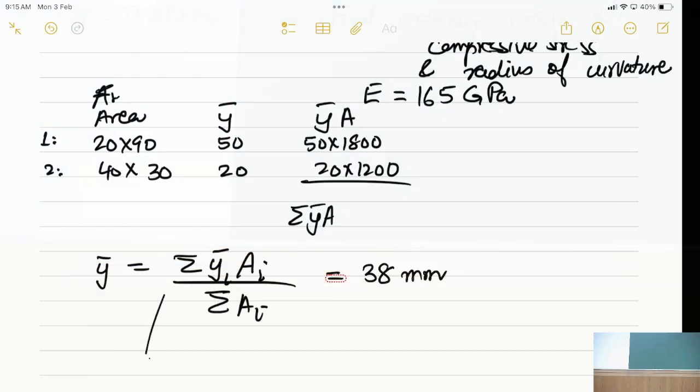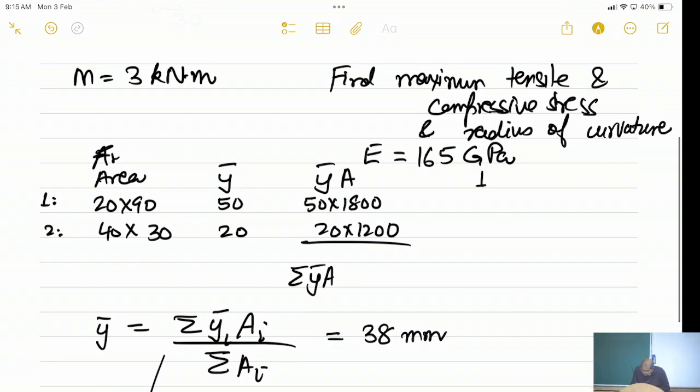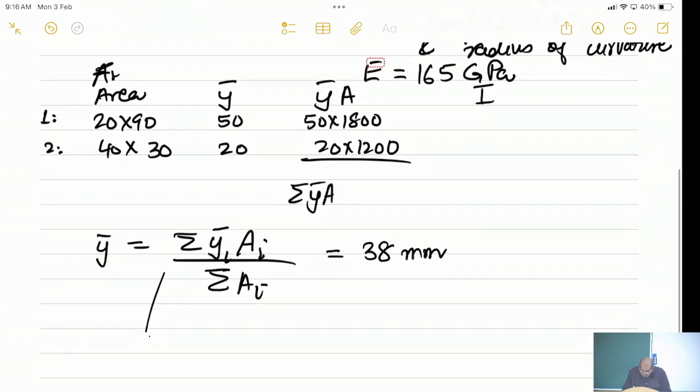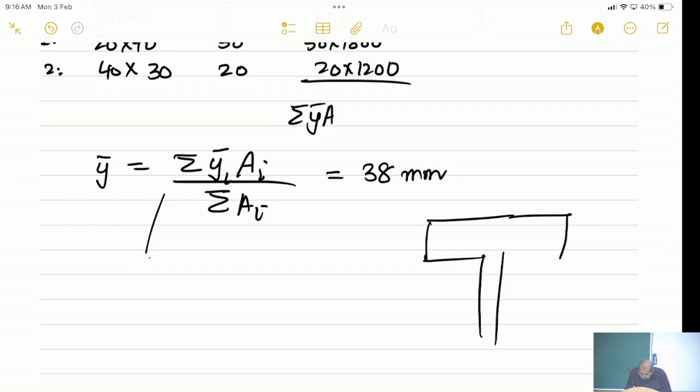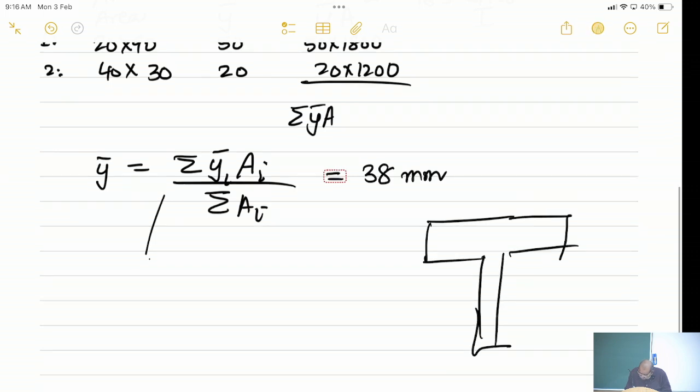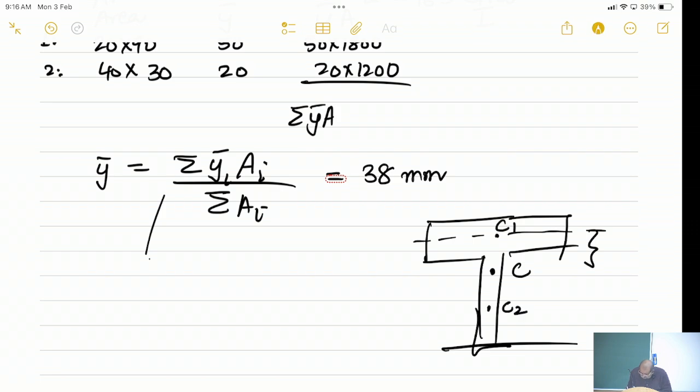So if you make a column for I, now here what will happen is, if this is 38 mm, if I draw this picture here of this center, this is C1, this is C2.